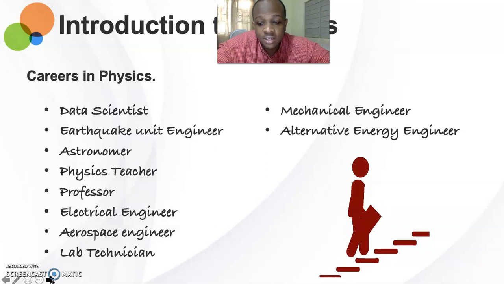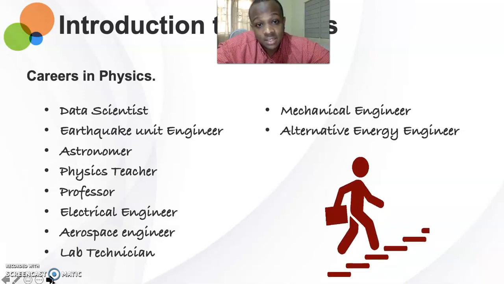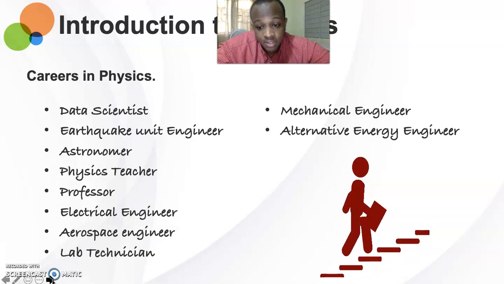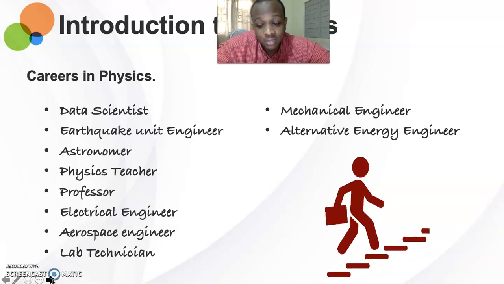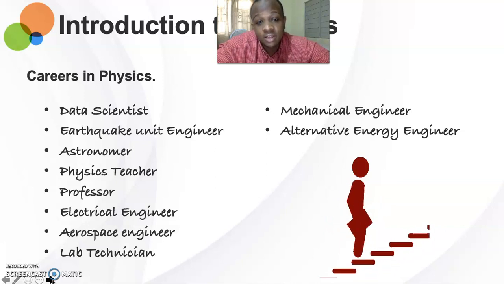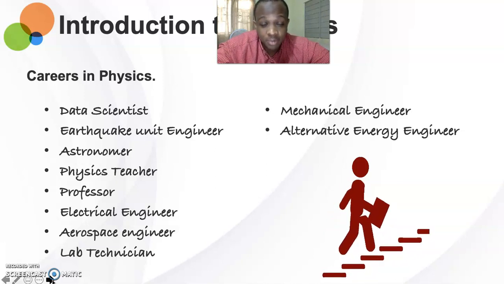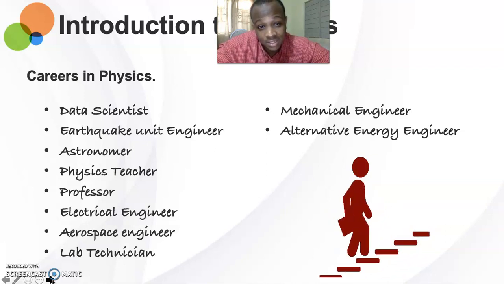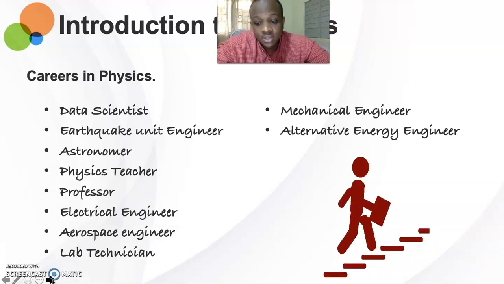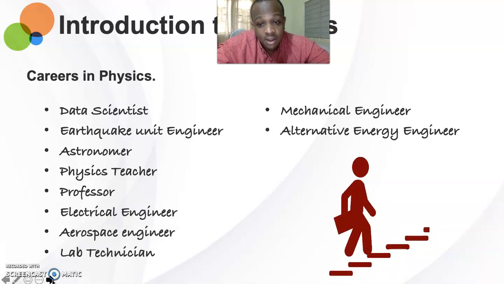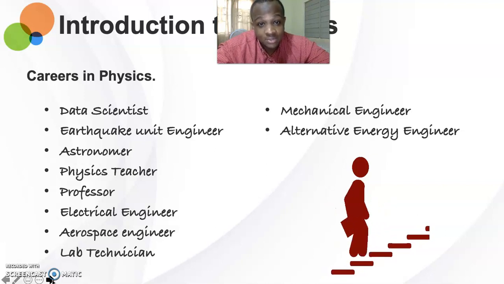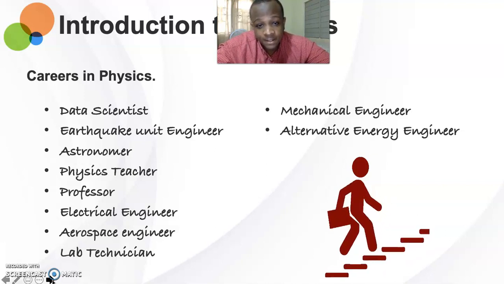Aerospace engineer, this is a person that specializes in creating equipment or making the equipment suitable for outer space or for in the air, such as airplanes and so forth. They make sure that this equipment is able to withstand the pressure difference and is able to stay in the air, because that is one of the most important things. All right, you have the lab technician.